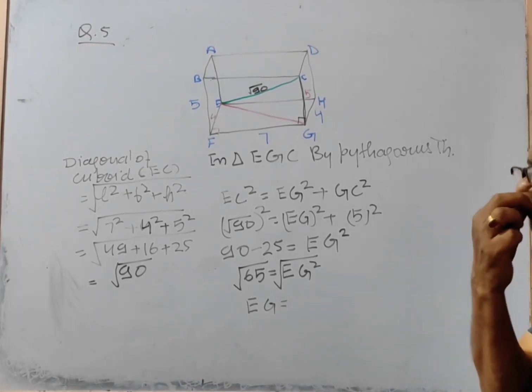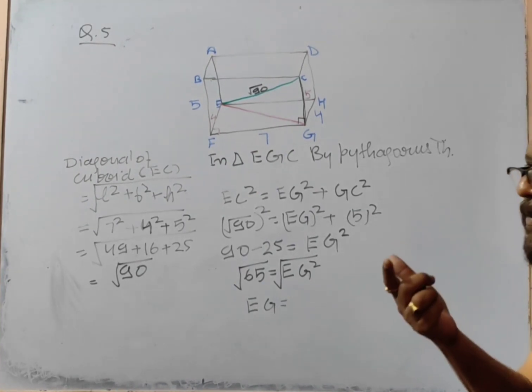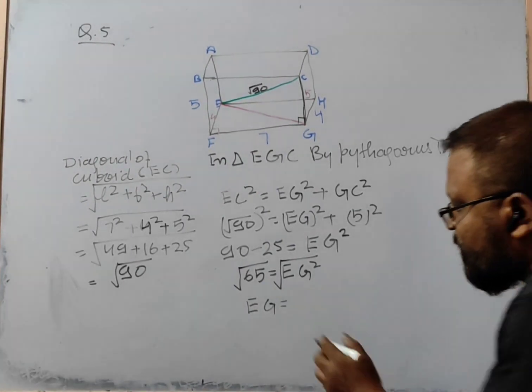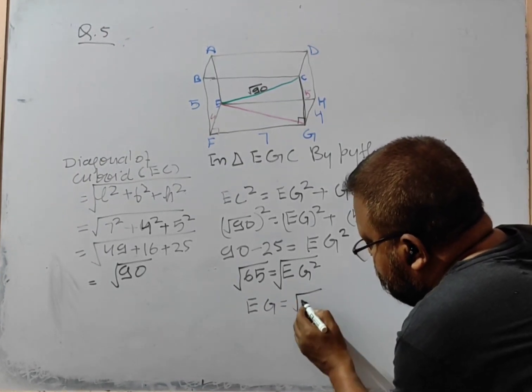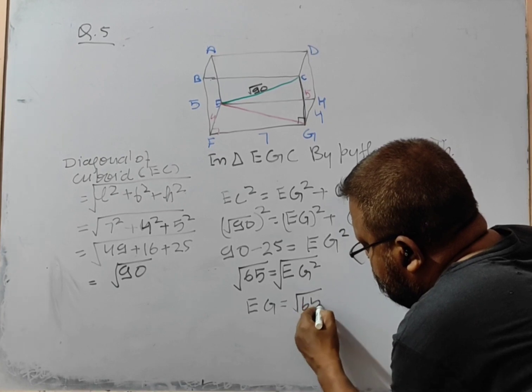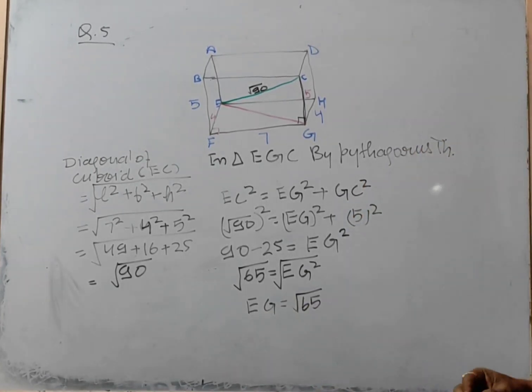And 13 is a prime number and 5 is also a prime number. So we can't do anything. It remains root 65, right? So EG is root 65.